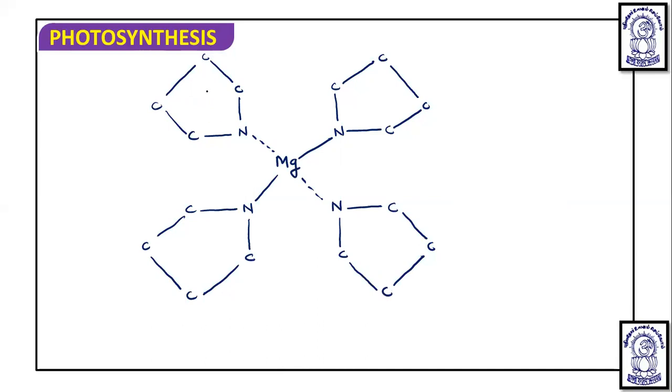Now this is the first pyrrole ring, this is the second pyrrole ring, this is the third pyrrole ring, and this is the fourth pyrrole ring. These are known as pyrrole rings, which consist of one nitrogen and four carbon. These four pyrrole rings are attached to each other by methane bridges.